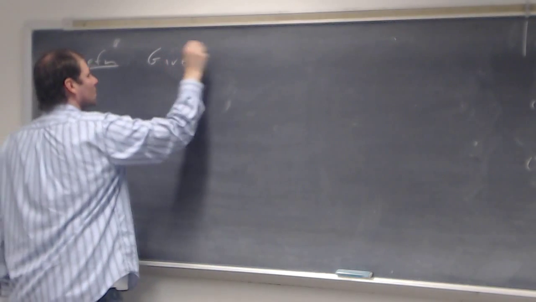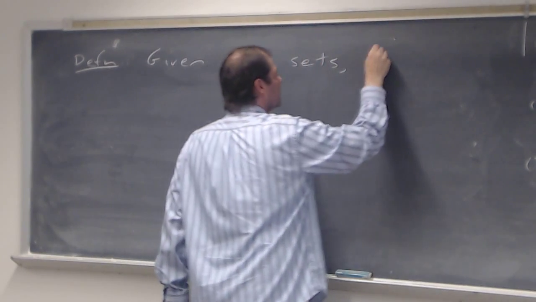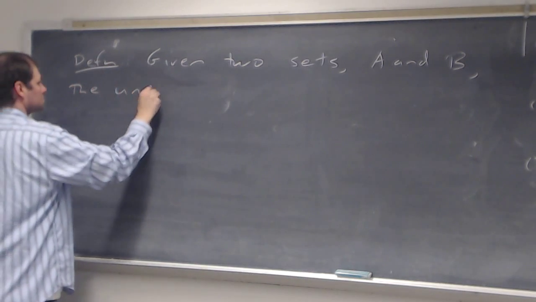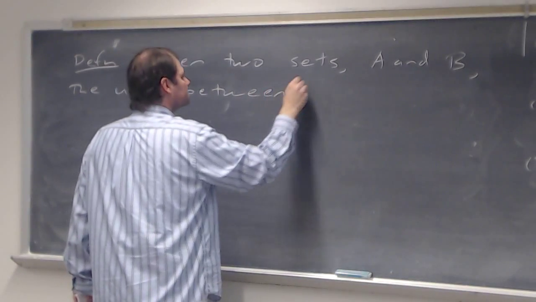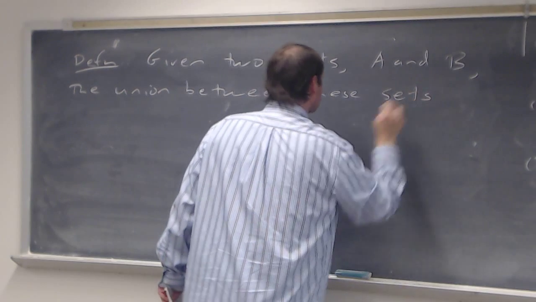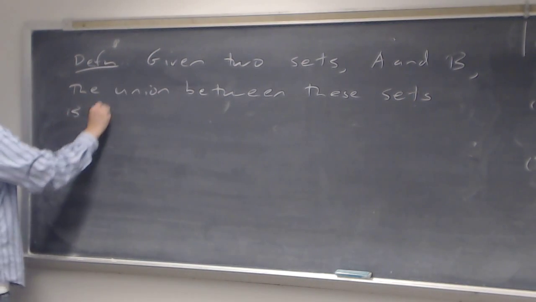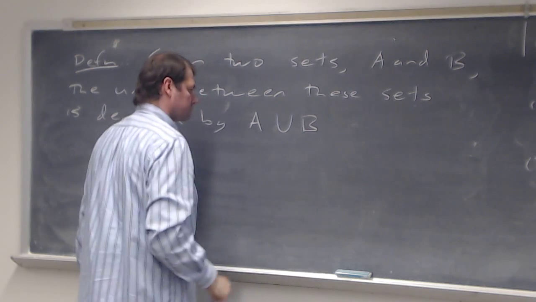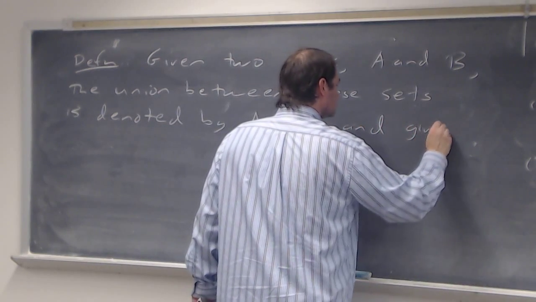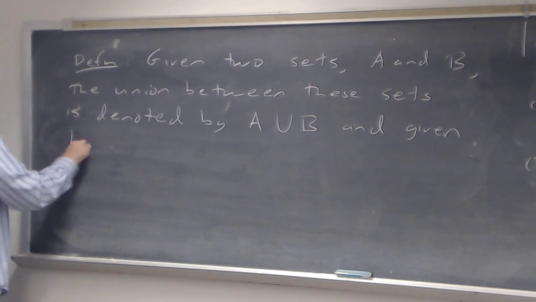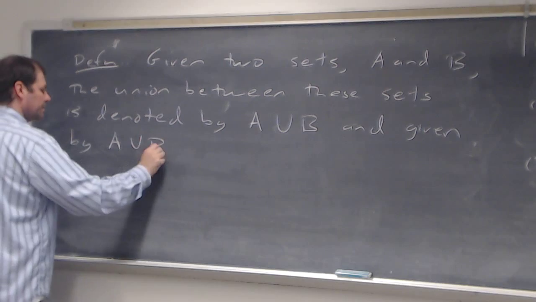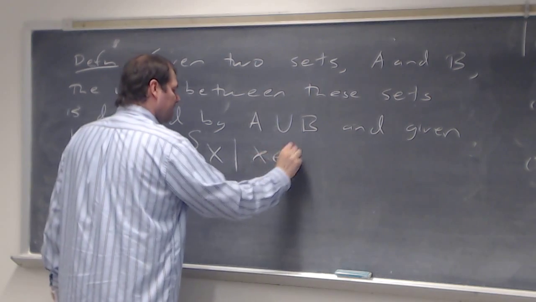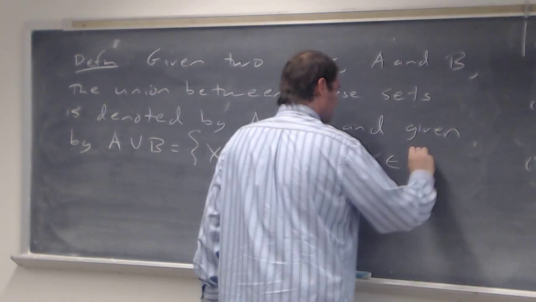So given two sets, A and B, the union between these sets is denoted by A union B, and given by A union B is equal to the collection of all x's such that x is in A or x is in B.